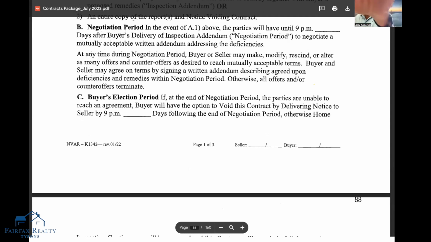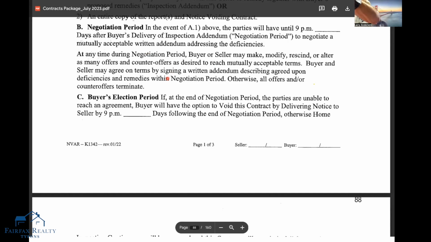So anytime during the negotiating period, you can make, modify, rescind, or alter as many offers and counter offers as desired. We can talk back and forth, but you have to have a signed written addendum within the negotiating period.